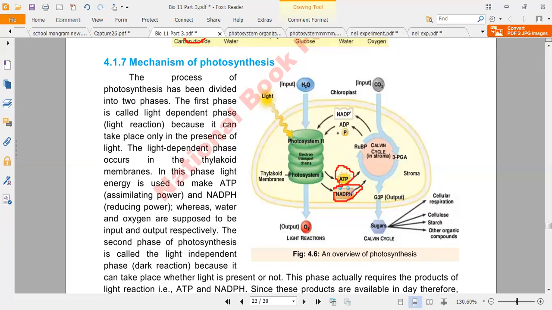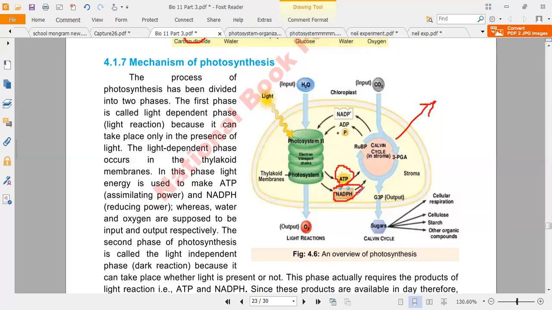This ATP and NADPH are formed in daylight, and that's why they are used in the Calvin cycle, which is also done in the daylight, because photosynthesis is done in the daylight. But this is a light independent reaction, that's why it is called dark reaction or Calvin cycle. It is done in the stroma of the chloroplast, and the light reaction is done in the thylakoid membrane.